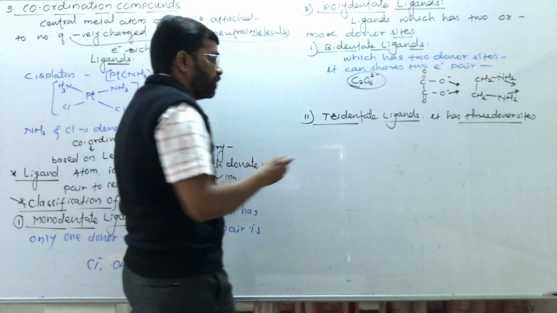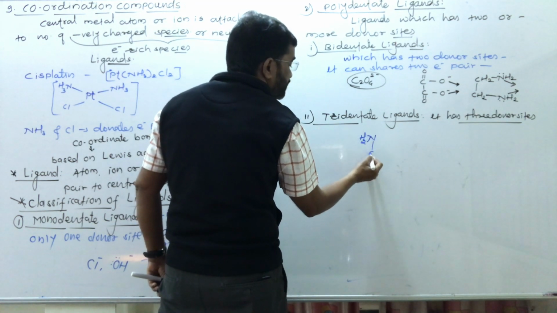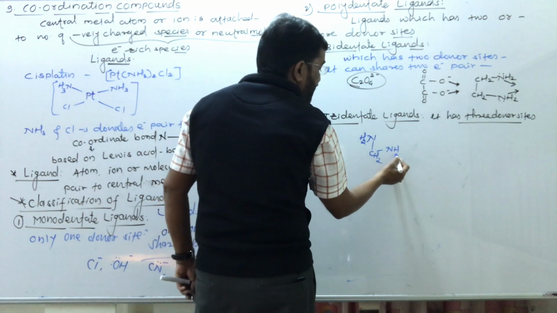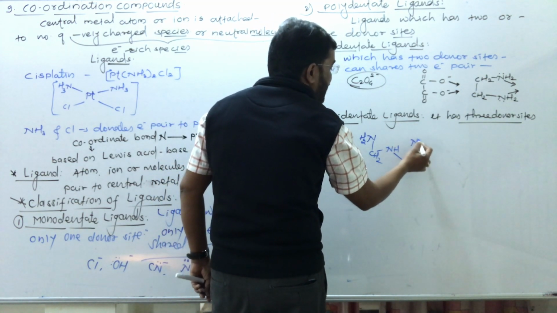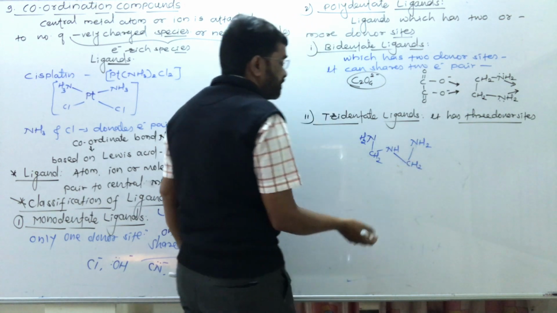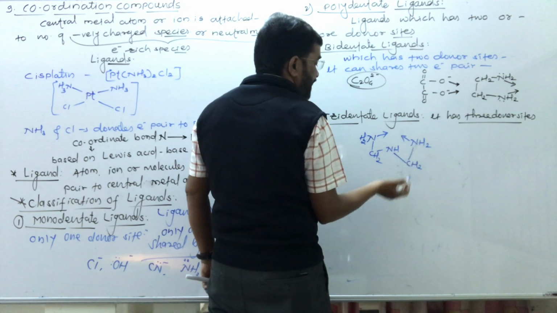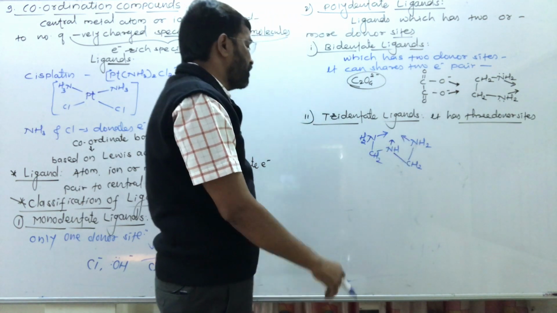An example of a tridentate ligand, here you see, NH2, then here CH2, here NH, then CH2, and here NH2. So it can donate an electron pair, this can also donate an electron pair, and this can also donate an electron pair.